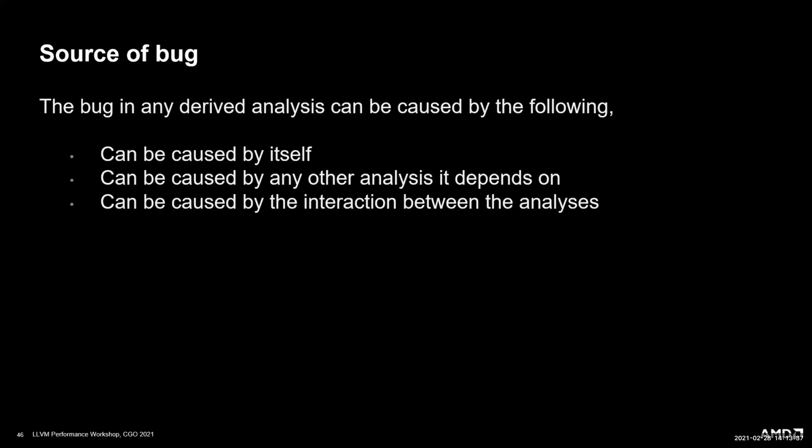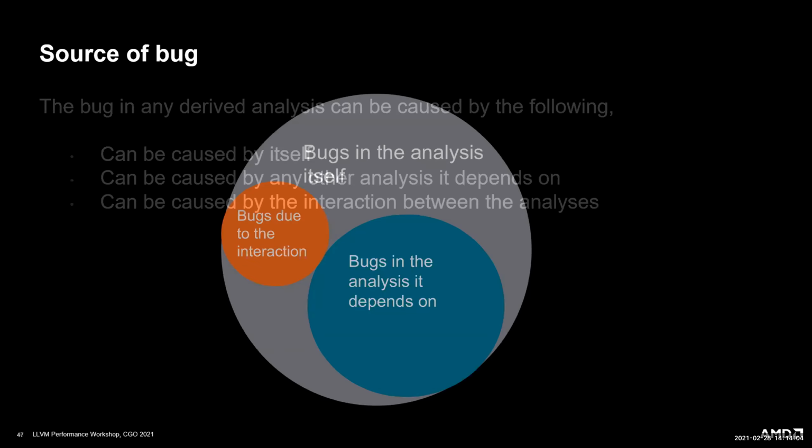This is a challenge that we will shortly be addressing: how should we focus on the interaction if interaction bugs will also be counted as bugs in the analysis itself? How can we differentiate? And there is no automatic way to do that. We have to do that manually, but let's look into it.